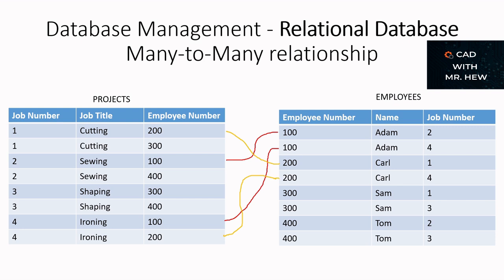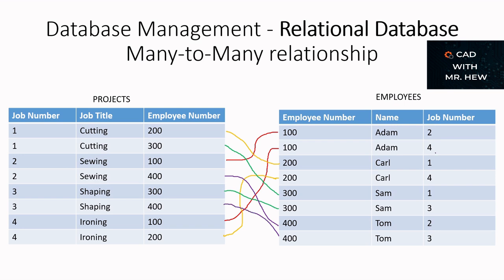And then now Sam will be assigned to project 1, and he will also be assigned to project 3. Then we'll be looking at Tom and project 2, and Tom will also be assigned to project 3.